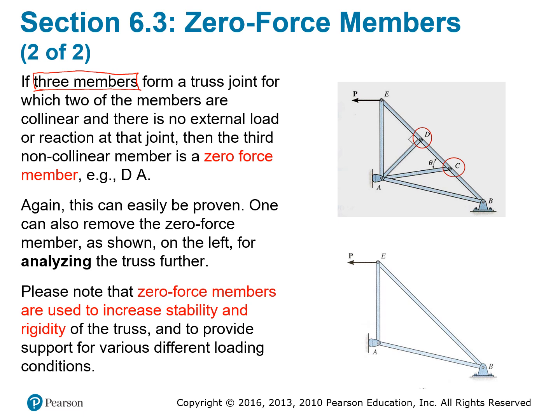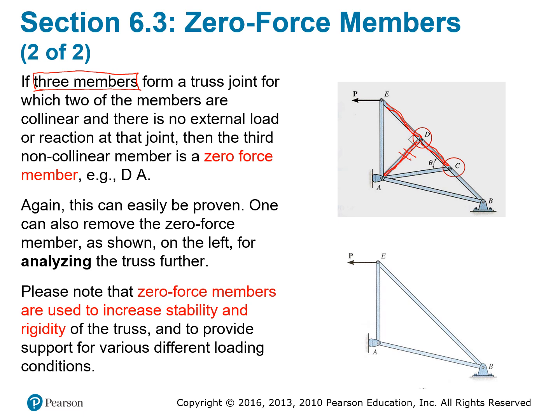Now here 3 members are connected, and one of them is not collinear. Collinear means they are on the same line, like this one here is collinear with this one here, and at point D you have the third one, which is going to be AD. In that case, these 2 still carry load, but this one will be a zero force member.